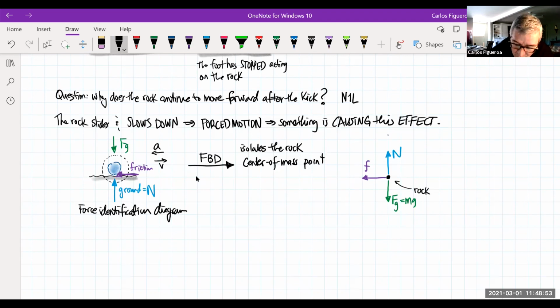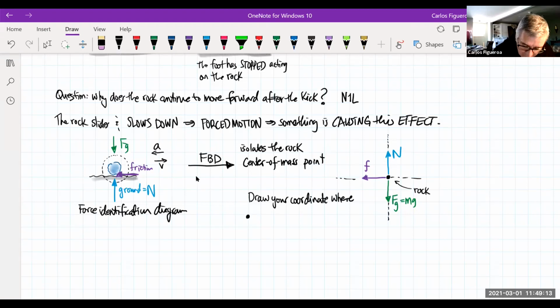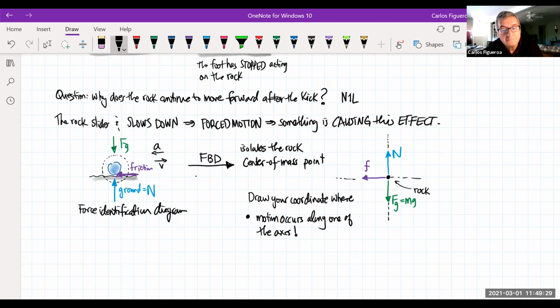In general, there's two reasons why you would draw a coordinate system like this. One, motion occurs along one of the axes. That might be the most important one.